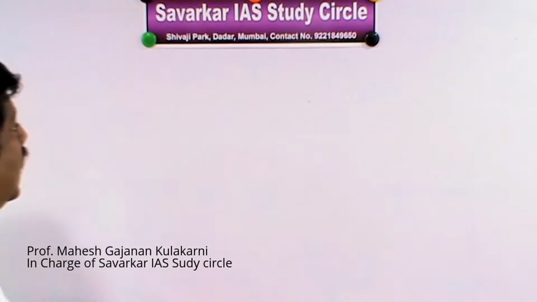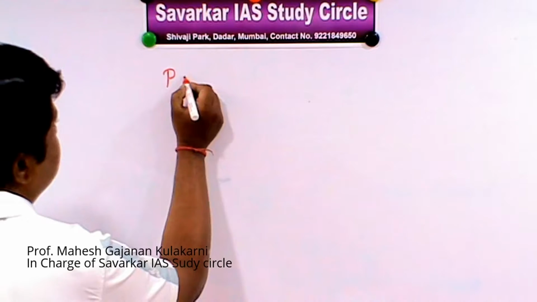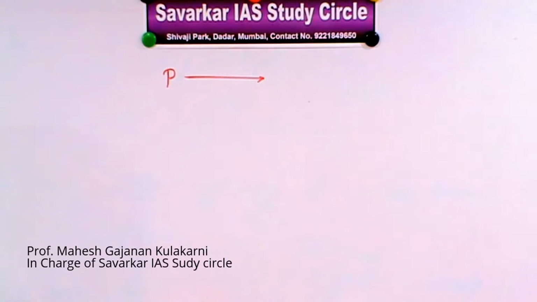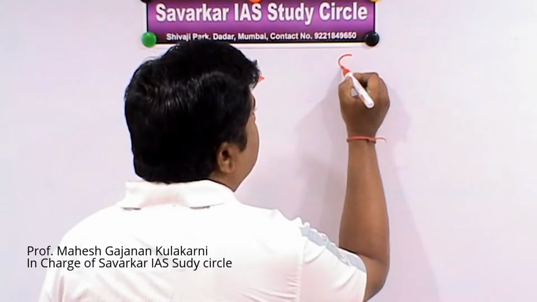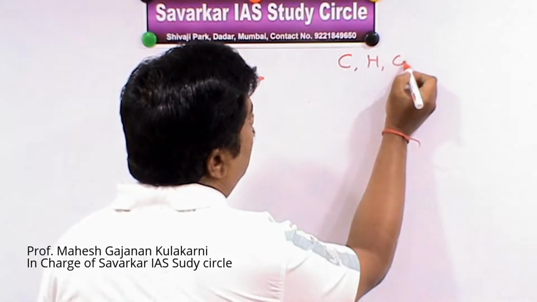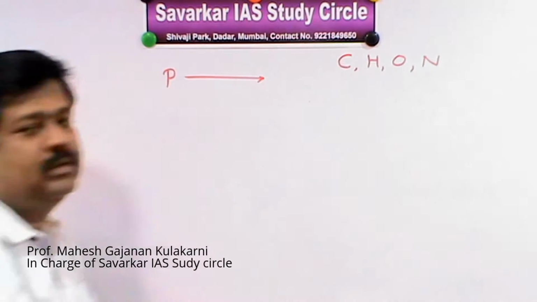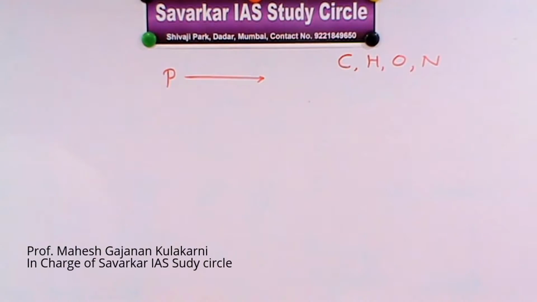Now when I am talking of protein, various proteins are available. Simply you can keep in mind that carbon, hydrogen, oxygen and nitrogen are the main components of protein.